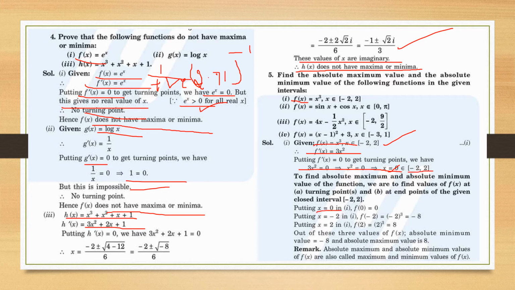So at x equals 0, f(0) is 0. We check the function, not the derivative. At x equal to -2, it is -8. At x equal to 2, it is 8. So the minimum value is -8, and the absolute maximum is 8.